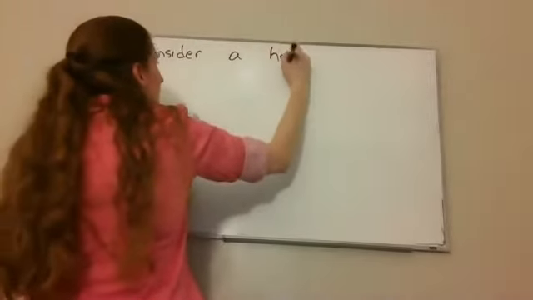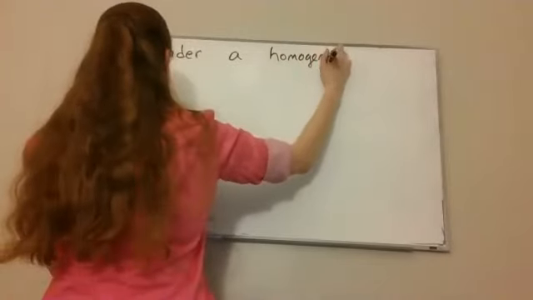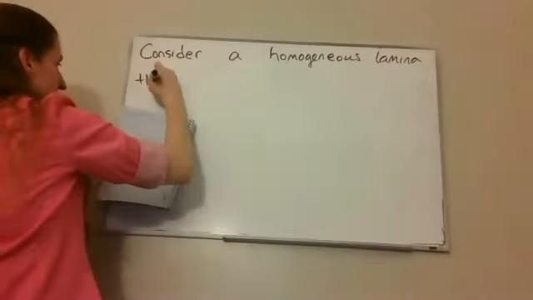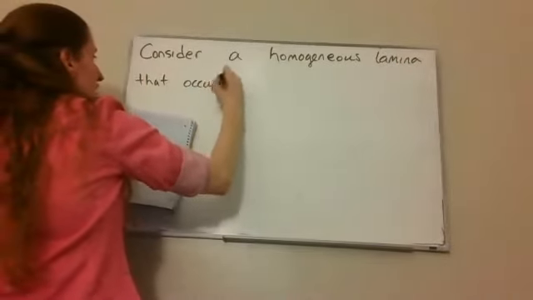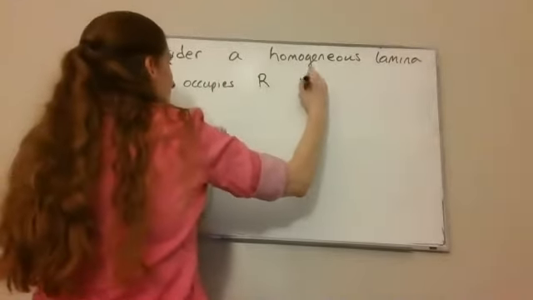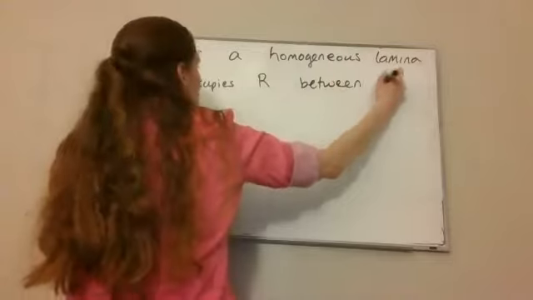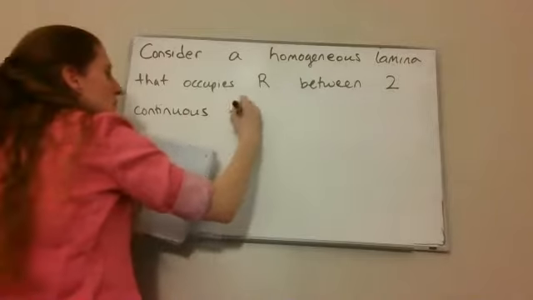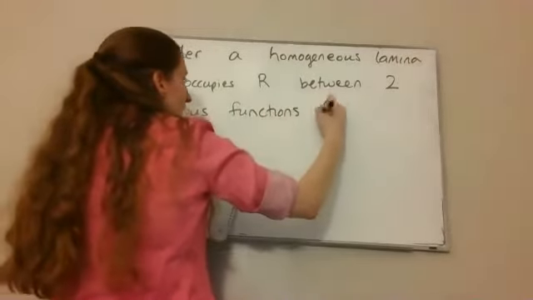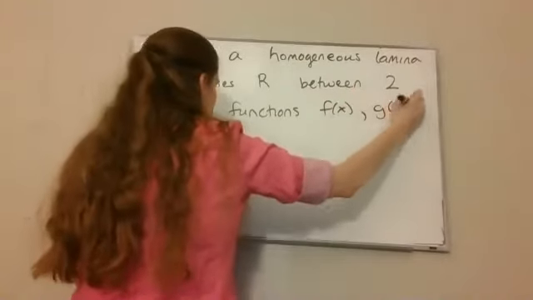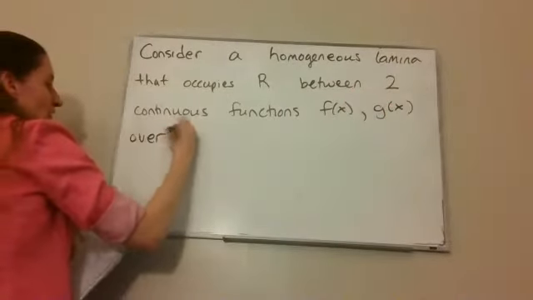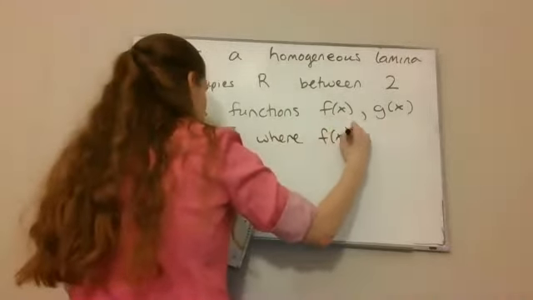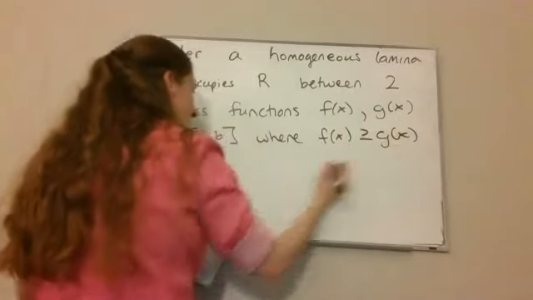Let's consider a homogeneous lamina that occupies the region R between two continuous functions f of x and g of x over the interval a, b, where f of x is greater than or equal to g of x on the interval.